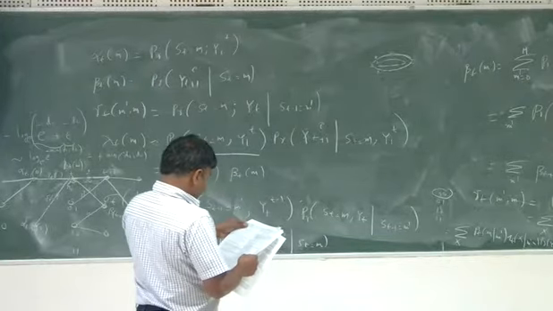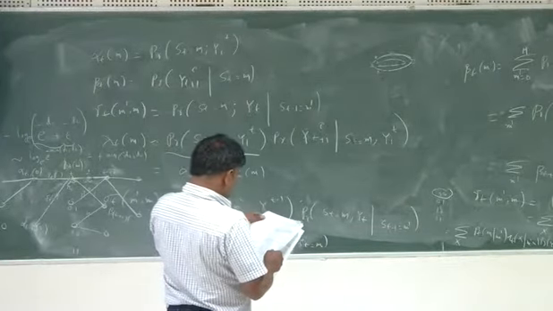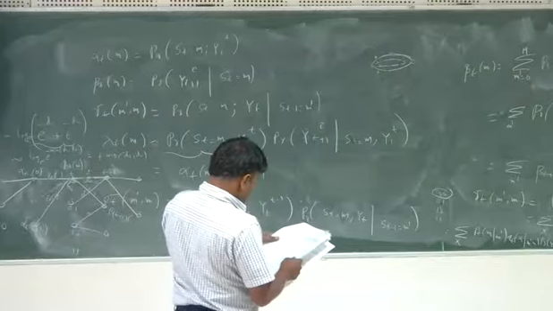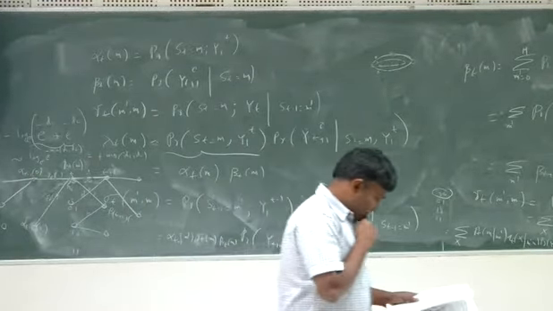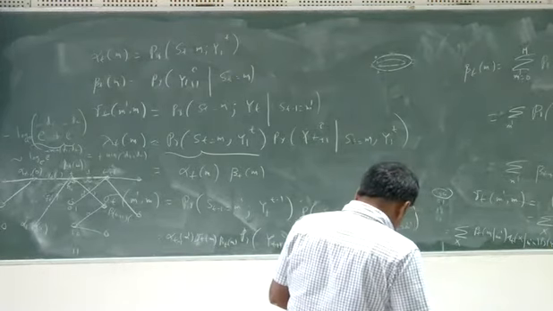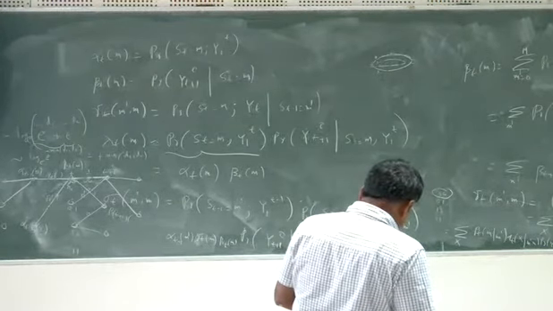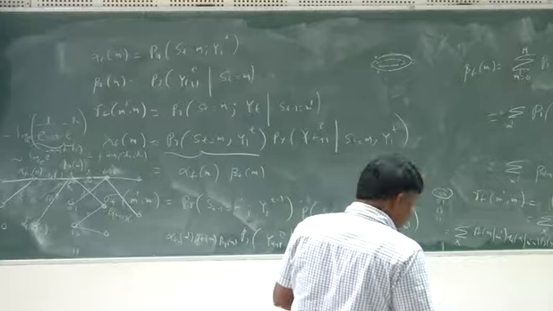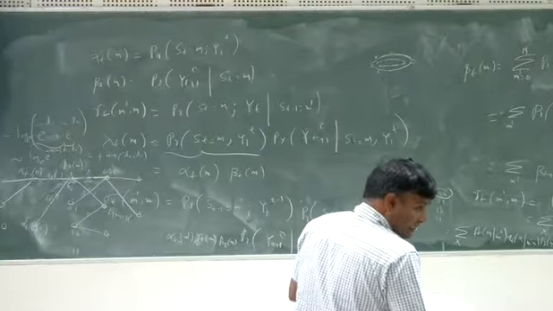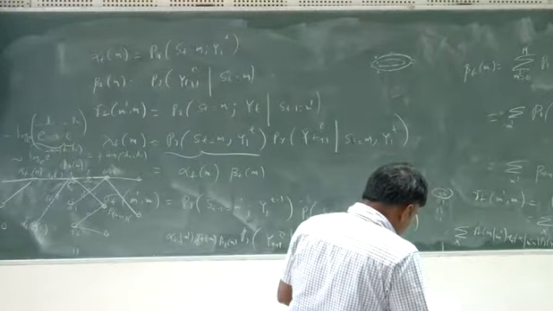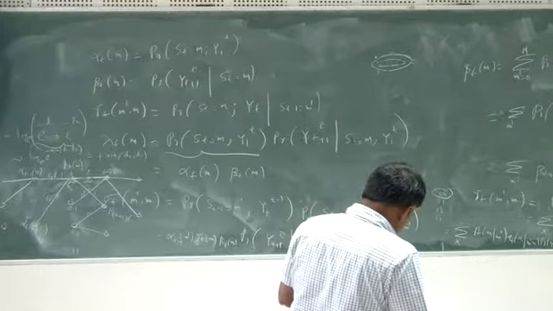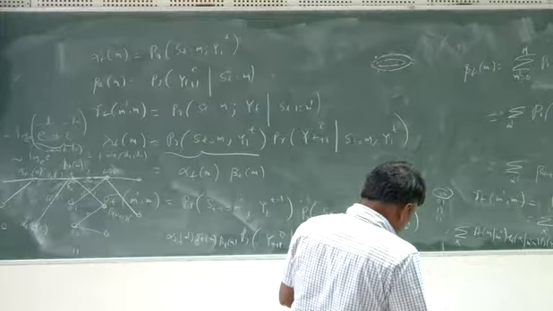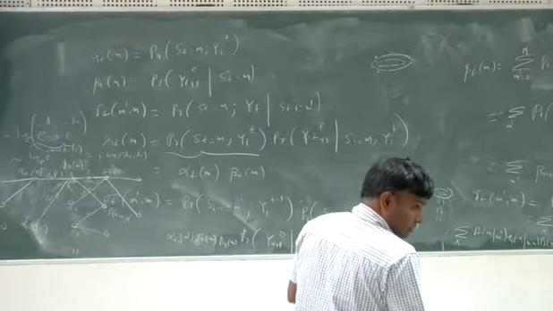Sigma T is something to do with the transitions. Lambda T is something to do with the state APPs, and lambda T and sigma T together give you the conditional transitional probabilities.